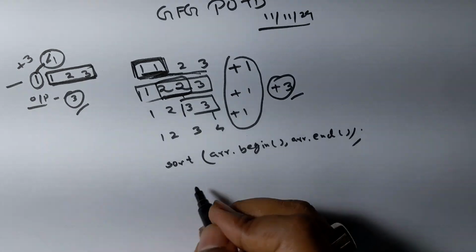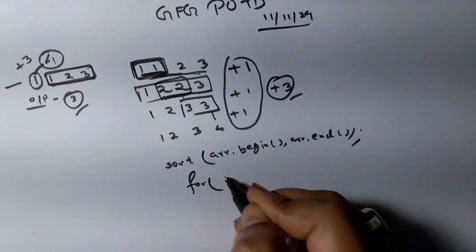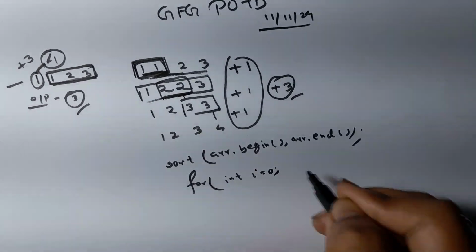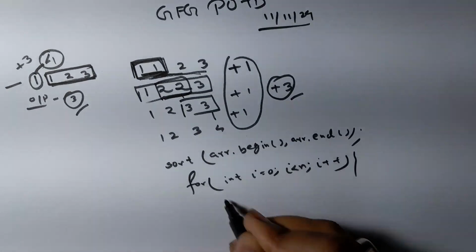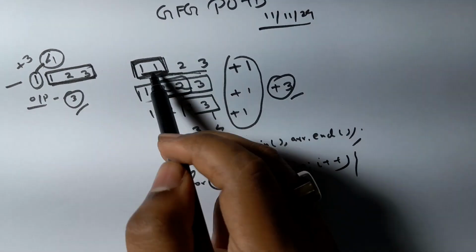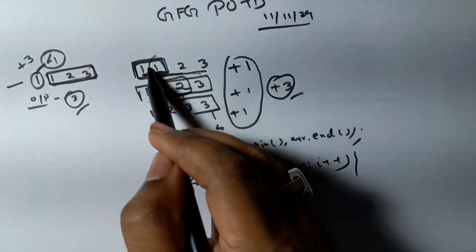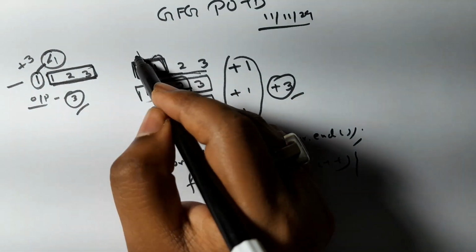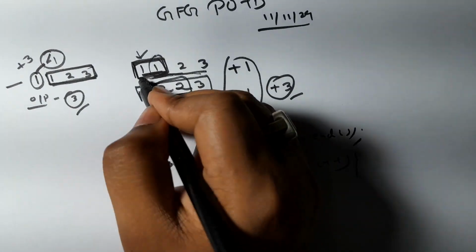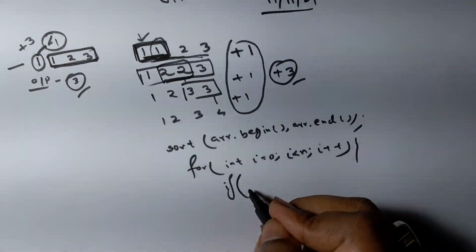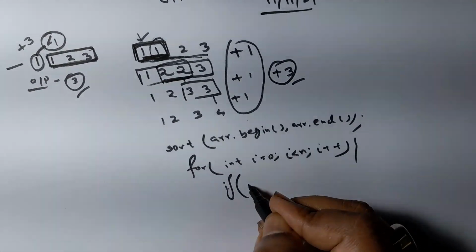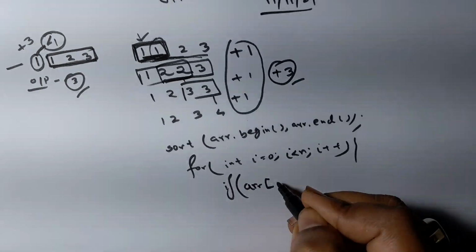And what I will check is the pair. If this element is equal to this element, then I will increment it. How much I will increment, that I will calculate.